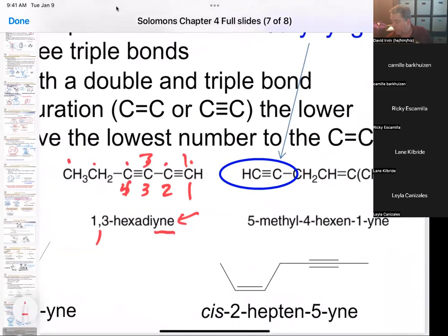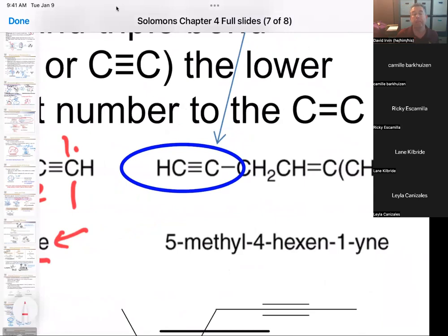Now, if we move over to here, alkynes take precedence over alkenes, which means that our alkyne is at the end, our alkene would be next to it, and our alkane would be lowest priority. Okay, so when we're numbering that, we're going to number from this side first.